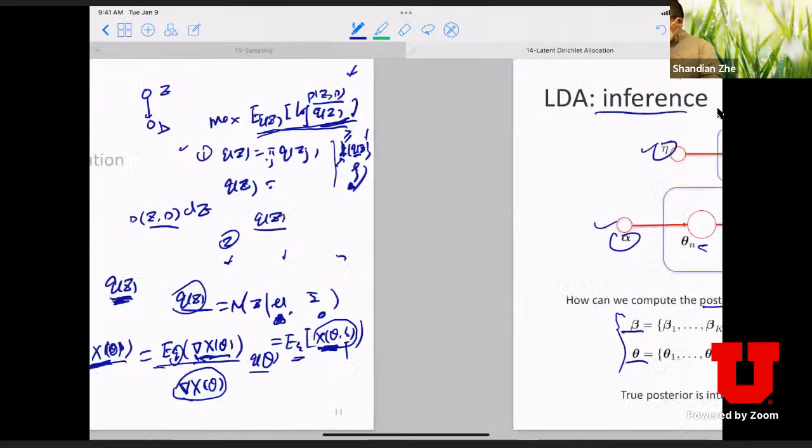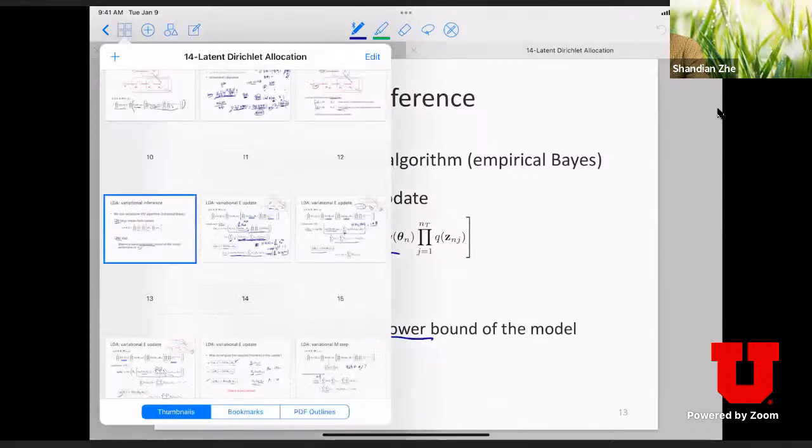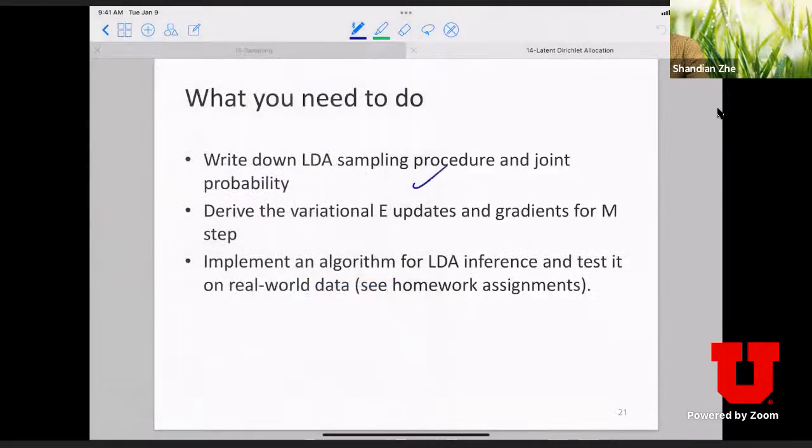Okay, great. So regarding latent Dirichlet allocation, we expect that you should be able to understand the modeling of latent Dirichlet allocation, which is essentially a variant of the Gaussian mixture model. However, your mixture components now are categorical distributions, a kind of discrete distribution rather than Gaussian. And you should be able to derive the variational E step and calculate the gradient for the M step.